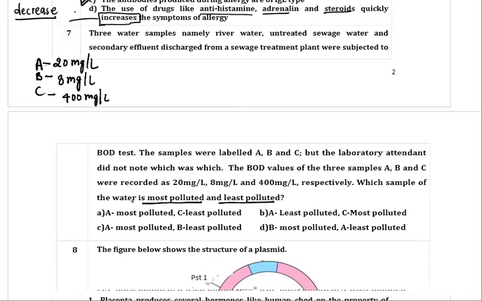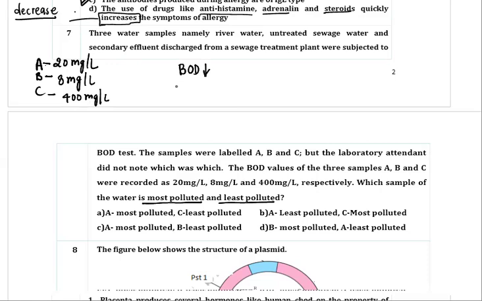Now there is one important thing which we all should know, that we have to find the answer from the options which are given. If I see the data given in the question, you can understand the least polluted water will be the one in which the BOD, the biological oxygen demand, is the least.